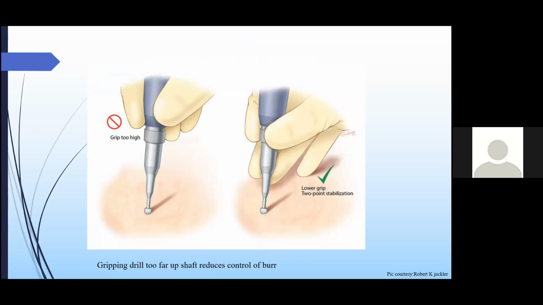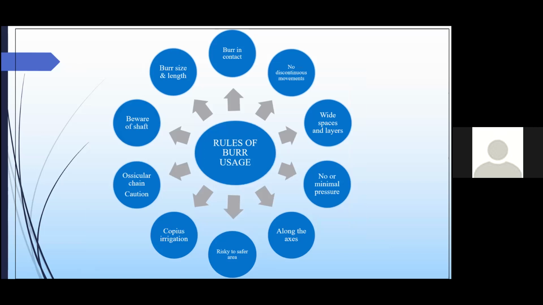So these are the gripping techniques which I described. Now we are ready with the basic rules, so let's see how we will use the burr. The burr should always be in contact with the bone whenever we are starting the drill, and the burr size and length we should assess beforehand, according to the structure we are going to drill.